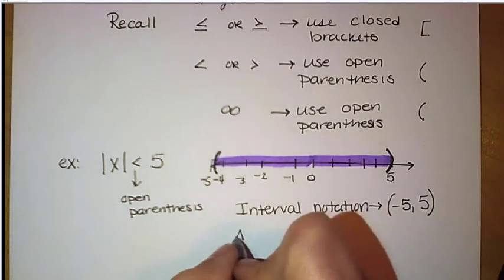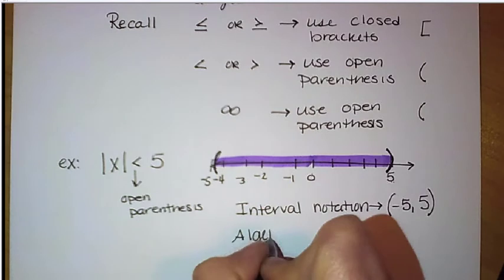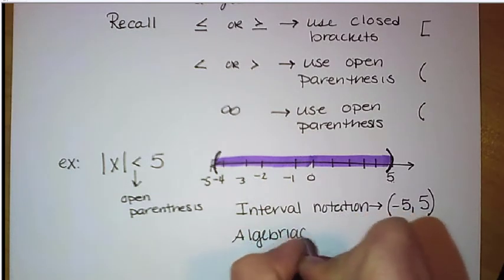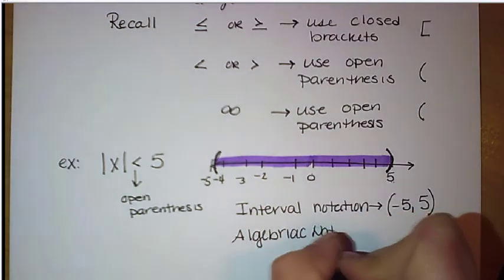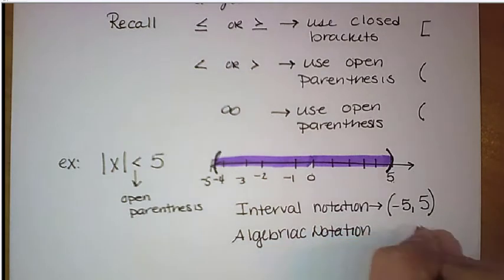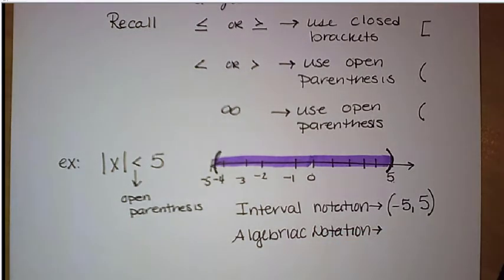Now we also want to talk about the algebraic notation, and for this particular graph it's going to be a little harder than our interval notation, but not impossible. Remember, what we're doing here for our graph is we're telling you that whatever value we pick, whatever x is, it has to be greater than -5, but less than positive 5.